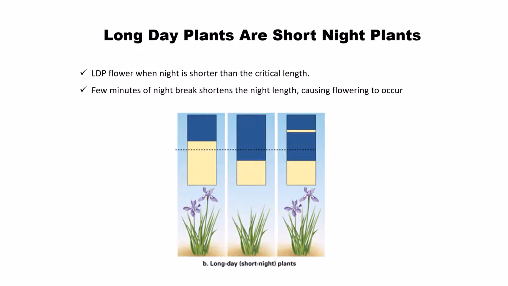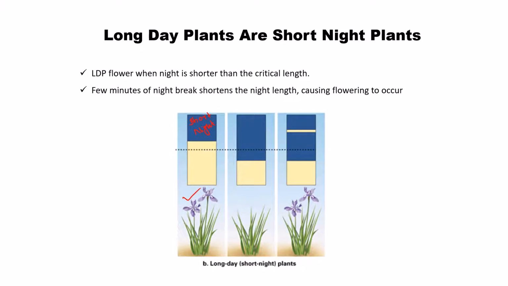That means the night should be less than 12 hours. Then only these long day plants flower. Here we can see that the night is shorter. It is a short night. So here flowering is there.